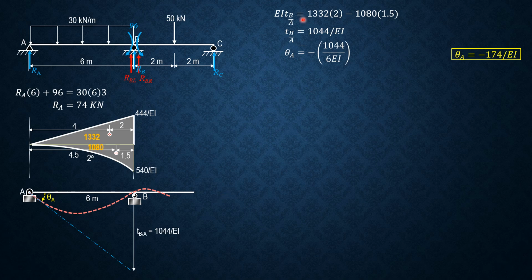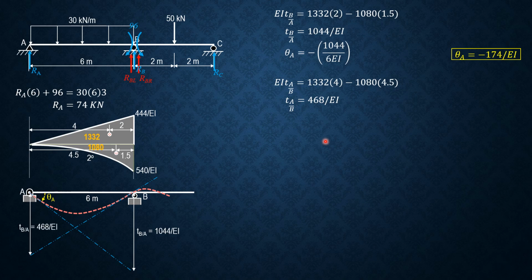Finally, EI deviation of A relative to B is the moment of area with respect to A. So 1332 times 4 minus 1080 times 4.5. So solving for the deviation of A relative to B, it is equal to 468 over EI. Since this is again positive, point A on the elastic curve is above the reference tangent at B. So let's draw the tangent at B, and therefore A is above this reference tangent because this is positive.